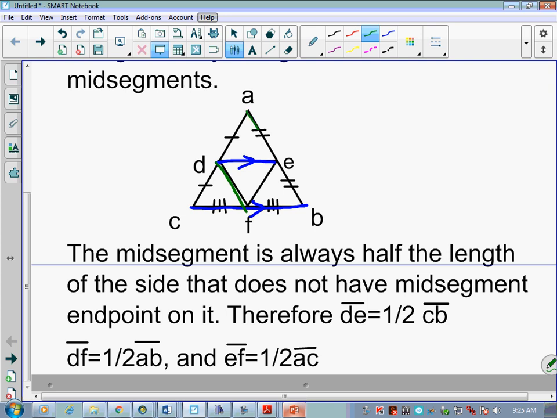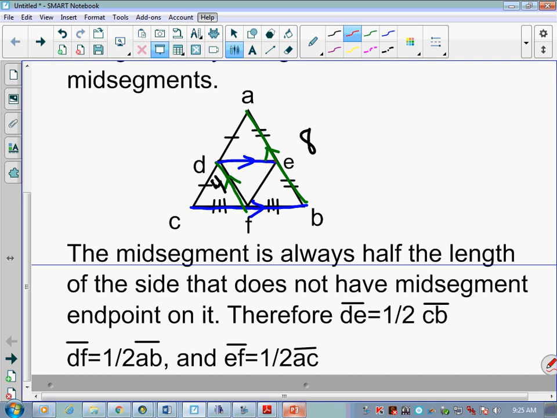AB, good. So not only is it parallel, but it's also half the length. If I knew that DF was 4, could I find the length of AB? What would AB be? It would be 8, right? And I could do that all these different ways around.